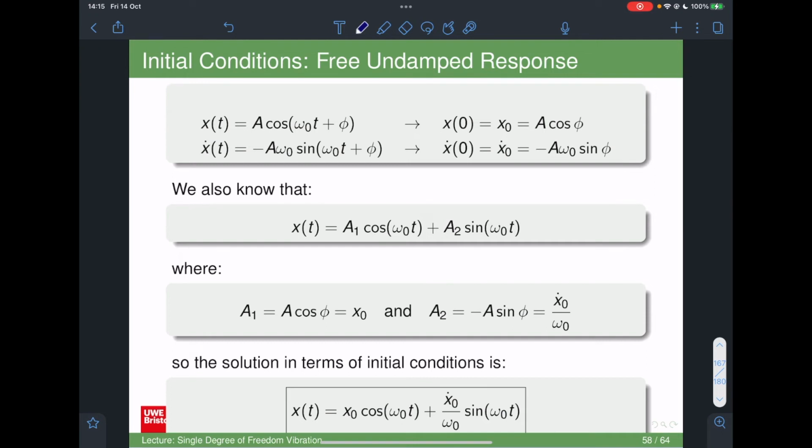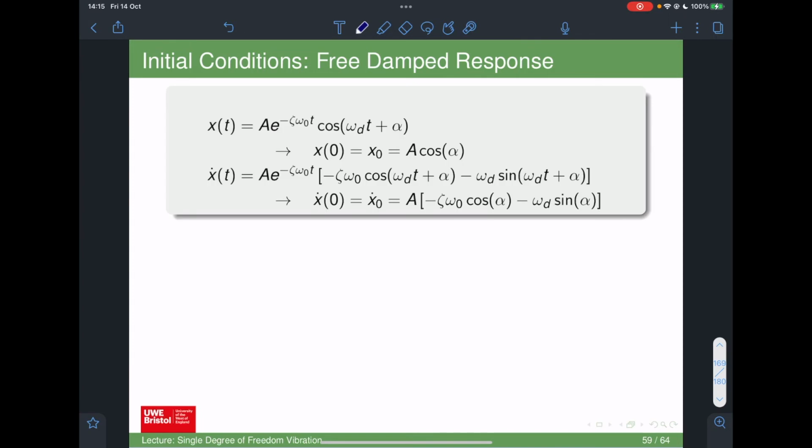Likewise with the damped response, you remember this from last week in the tutorial class, going through and solving for this. When t was 0, we have that, and for this equation, we have this whole expression. Again there's an a cosine alpha here and an a sine alpha over here, so again you can rearrange the equations and end up getting another form of the equation.